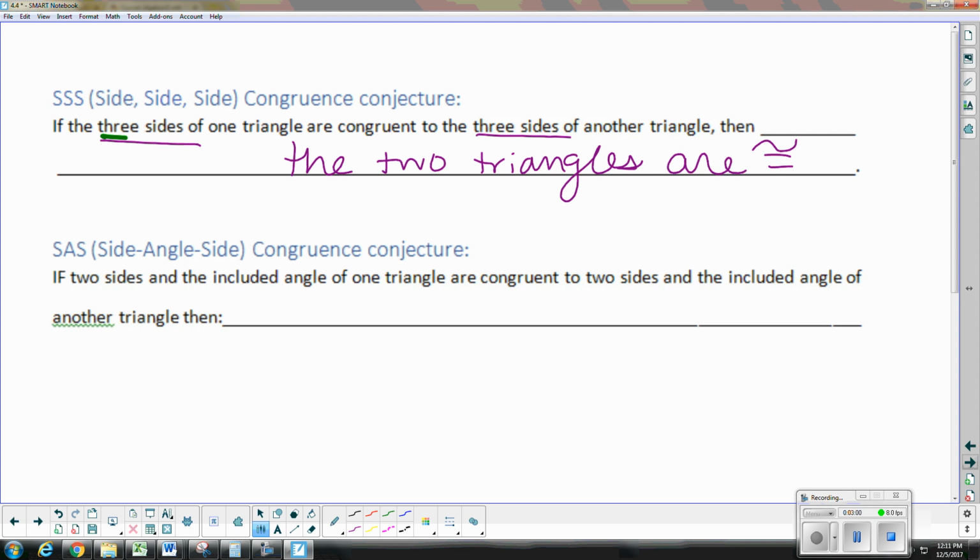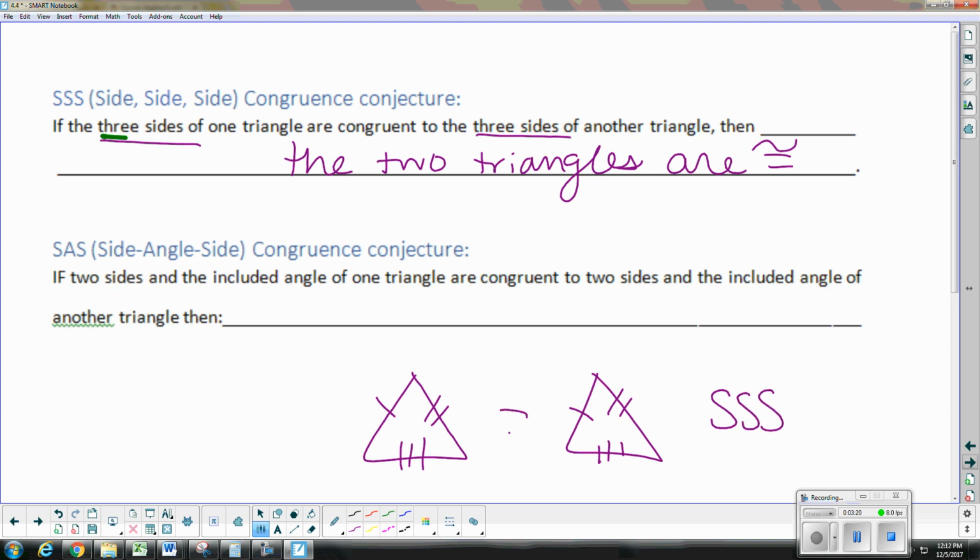So this is a shortcut. If you see a triangle and a triangle, and all three corresponding sides are congruent, then by this conjecture, those two triangles are always going to be congruent.